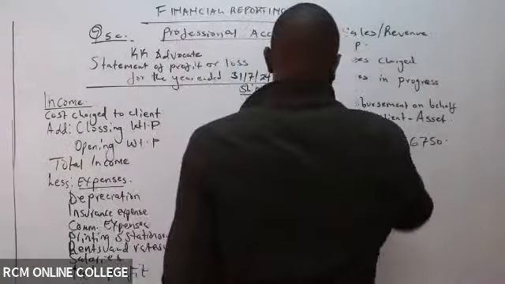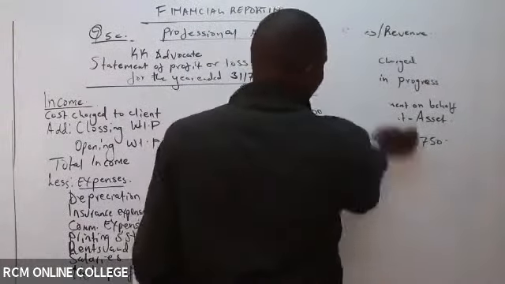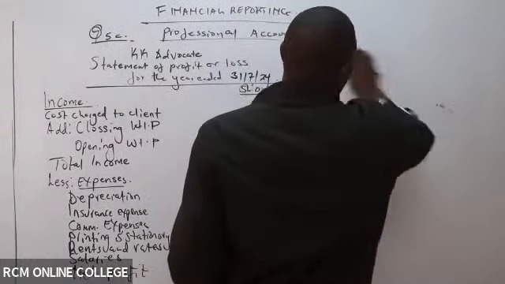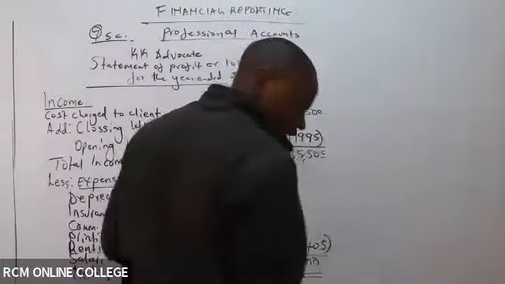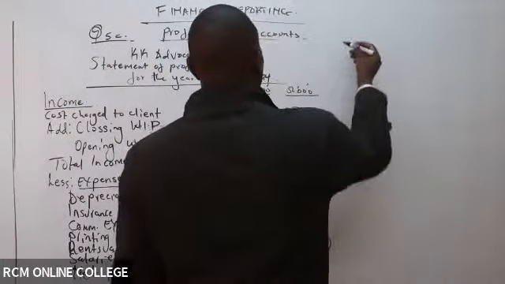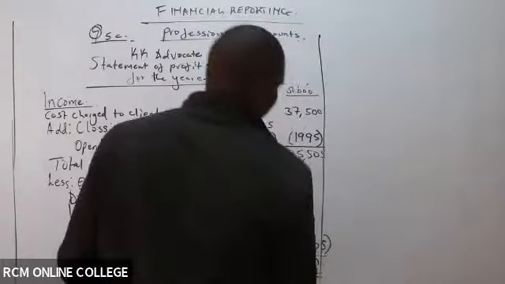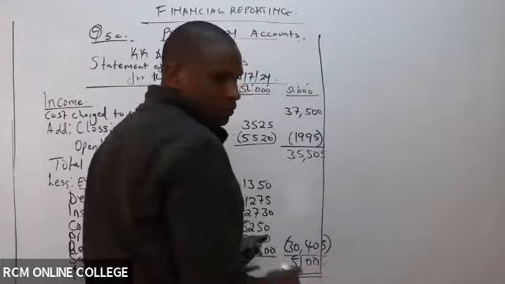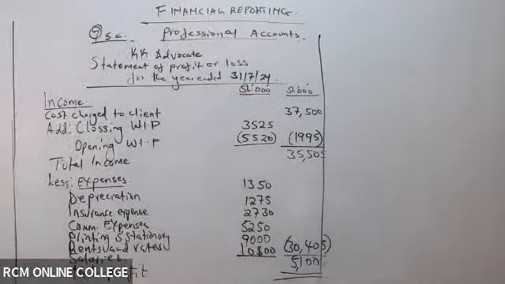Then on the other side, we can come up with the balance sheet very fast. This will be very fast now because already you guys understand. So I think I need to adjust a bit.